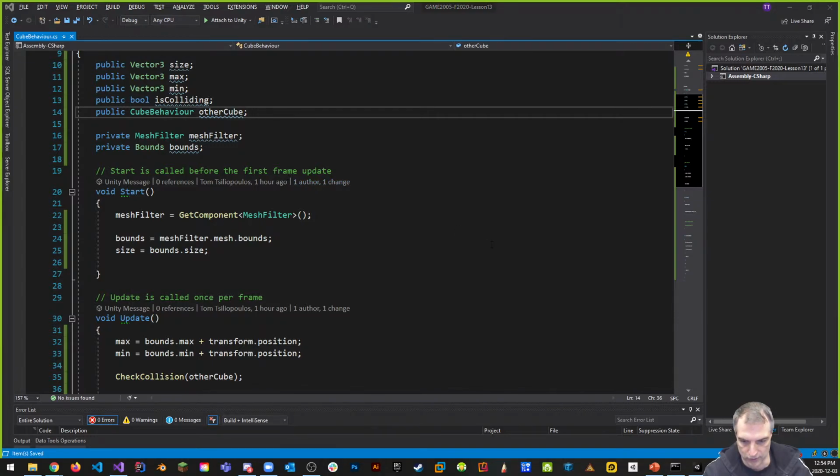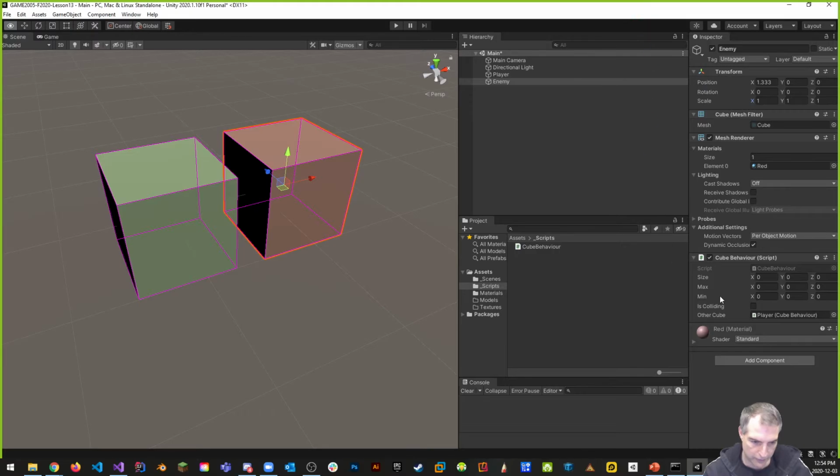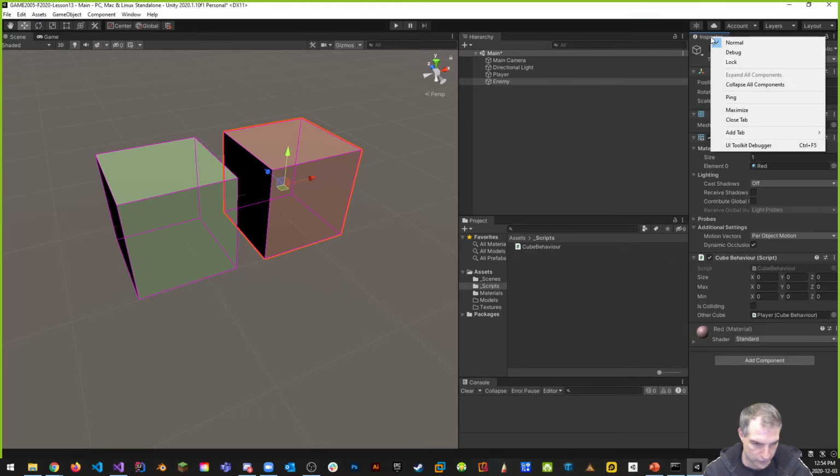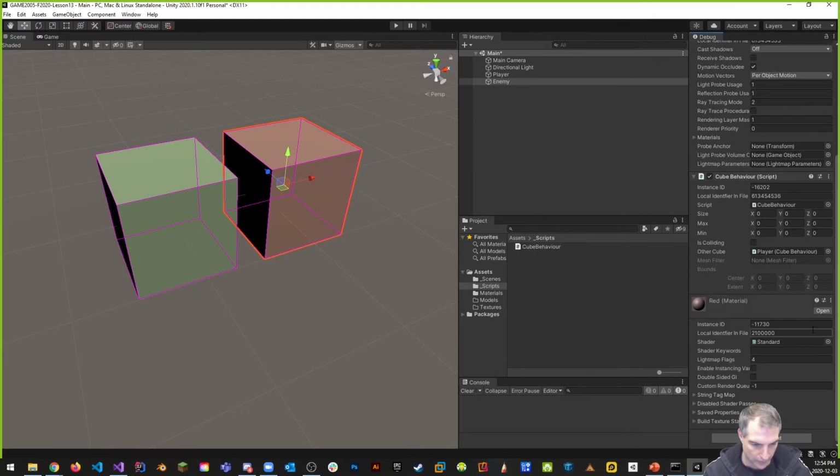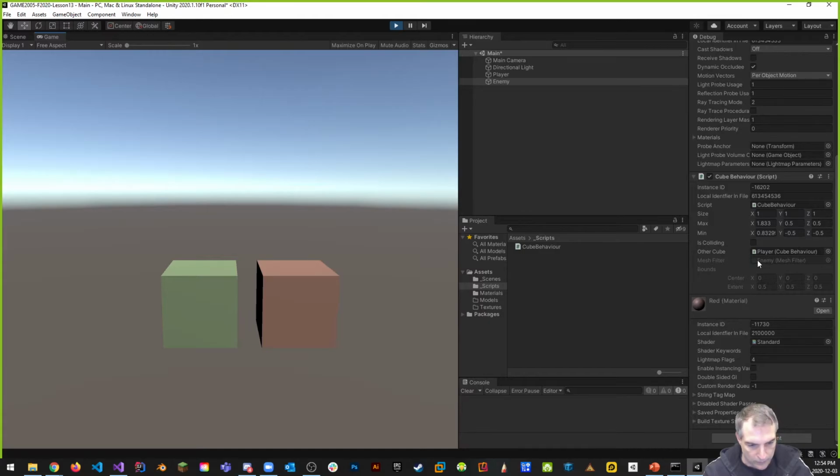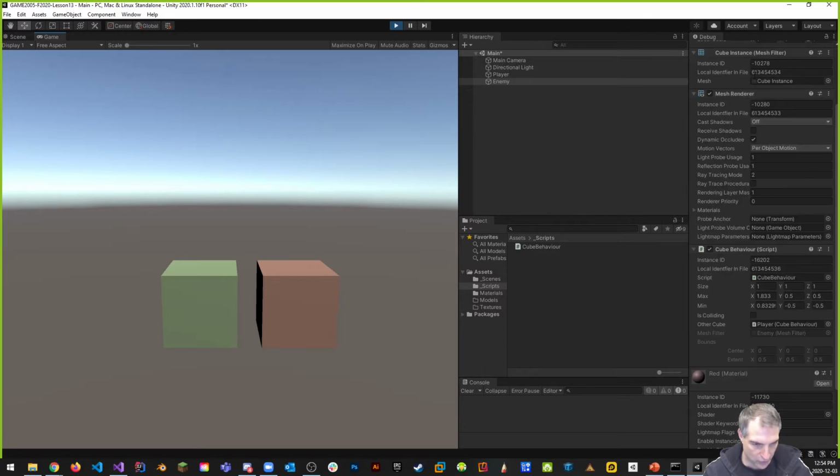So if I go back to Unity, and I right click here in the inspector and go debug, this is what I'm looking for, and I'm running it in debug mode. I can see that my bounds are 0, 0, 0 for the center, and my extent is 0.5, 0.5, 0.5. And it doesn't matter whether I change my local scale or not.